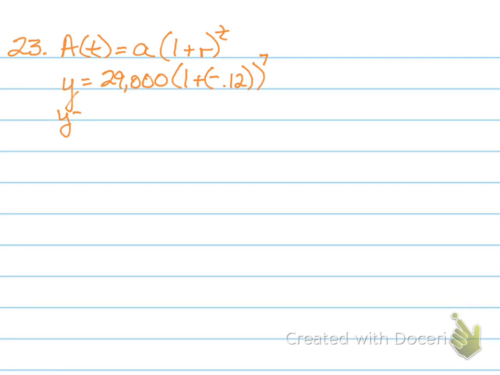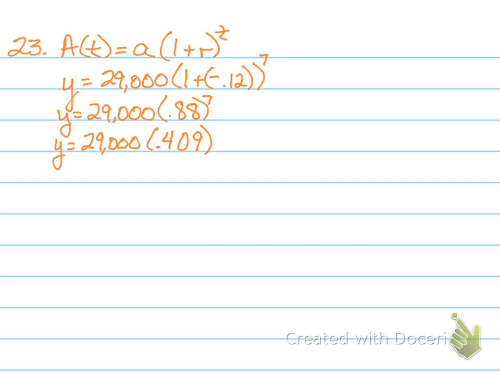So y is 29,000 times 0.88 to the 7th power. 0.88 to the 7th power is 0.409, and we're going to go ahead and round it to 3 decimal places.